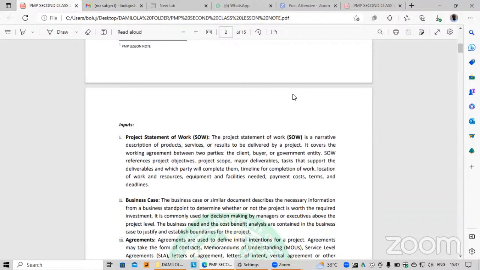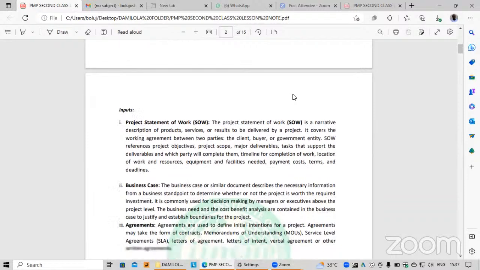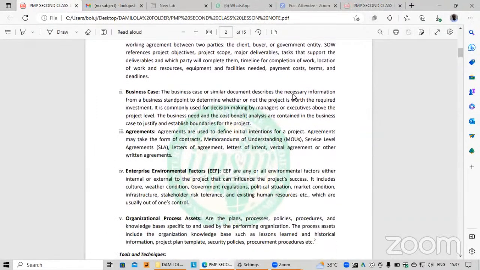Another input is organizing meetings with the major stakeholder of that project, which is the sponsor of that project.